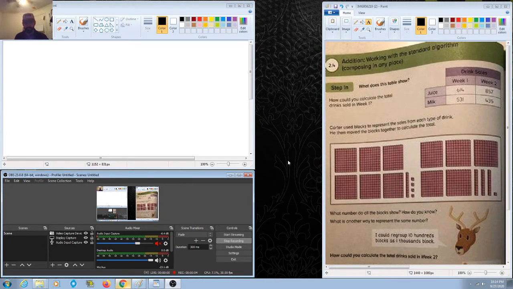So in this video we're going to be continuing this idea of the standard algorithm. In 2.2 we talked about composing tens with the standard algorithm, and in 2.3 we talked about the hundreds place. Now we're going to look at composing in any possible place value.